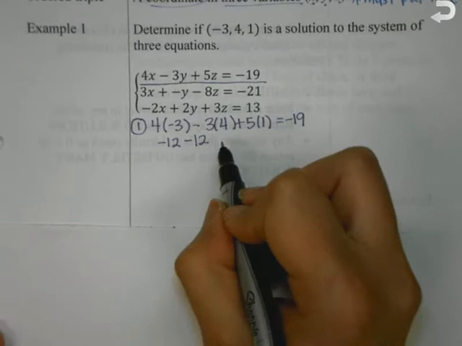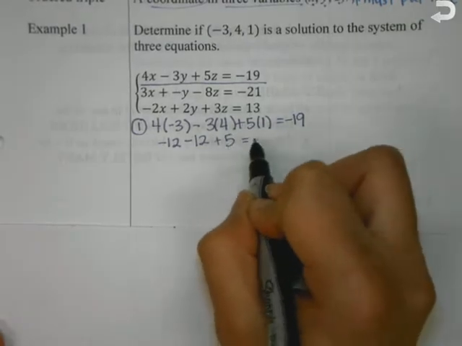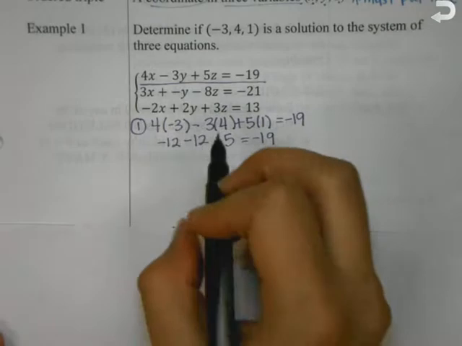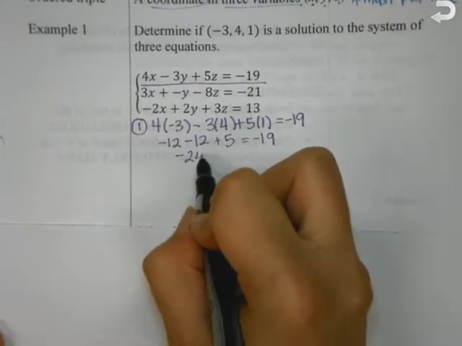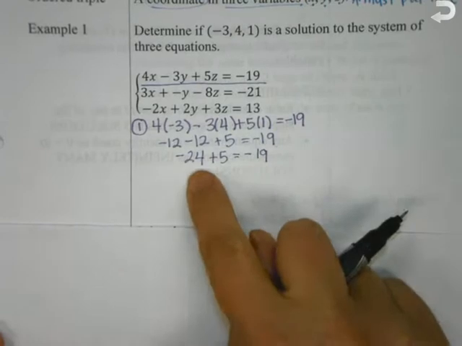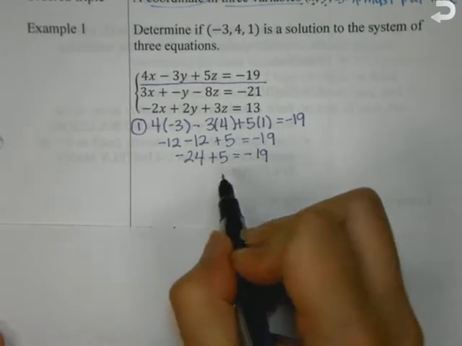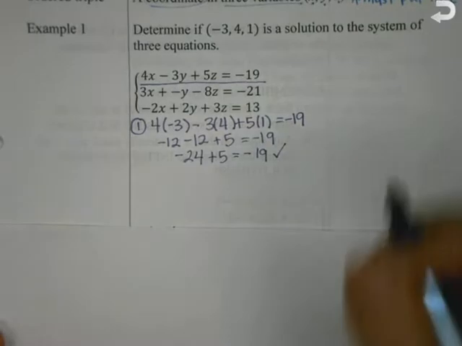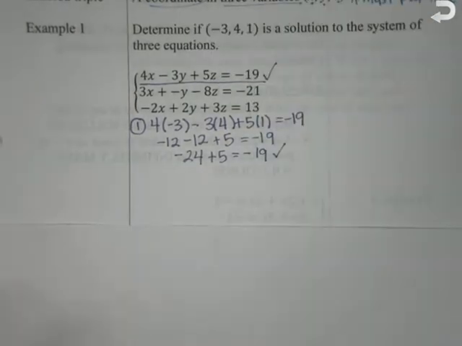Plus 5 equals -19. -12 minus 12 gives me -24. Plus 5 equals -19. Is that a true statement? What's -24 plus 5? -19. So that one's true, right? So it works for this one. I'm going to put a check mark next to it.